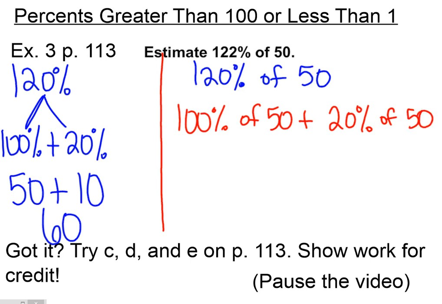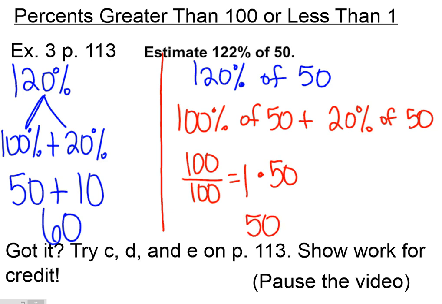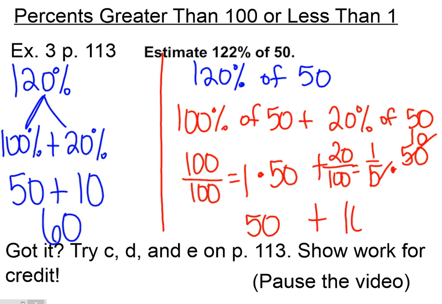This time we're going to break it up into fractions. 100% is 100 over 100, which is really just 1. 1 times 50 is 50. 20% is 20 over 100, which reduces to 1 over 5. 1 over 5 times 50, those cancel out, and you get 10. So 50 plus 10 still gives you 60.